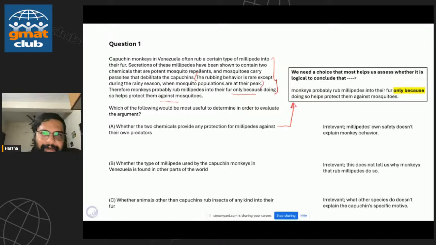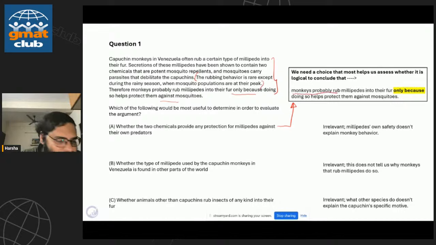We are trying to figure out whether the reason monkeys rub millipedes is for mosquito protection, right? Now, what does choice A have to do with that? Whether the two chemicals provide protection for the millipedes against their own predators doesn't tell you anything about why monkeys behave this way, right?